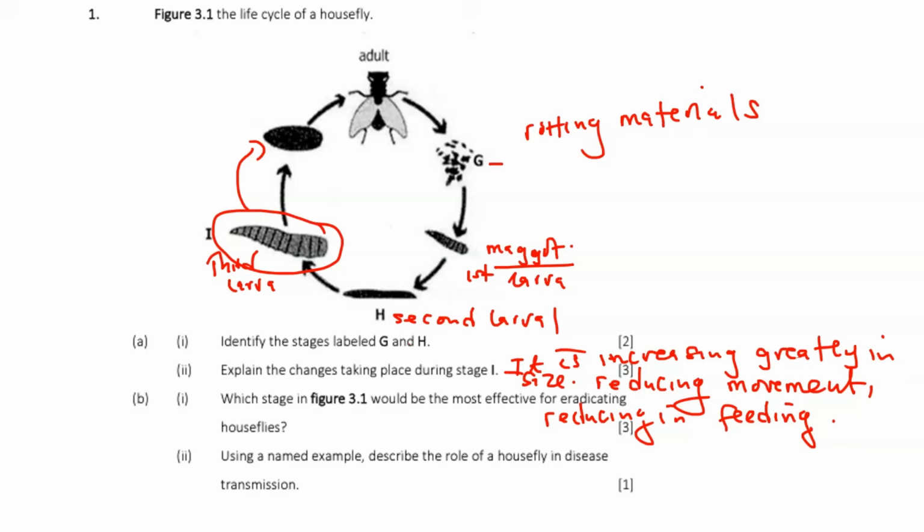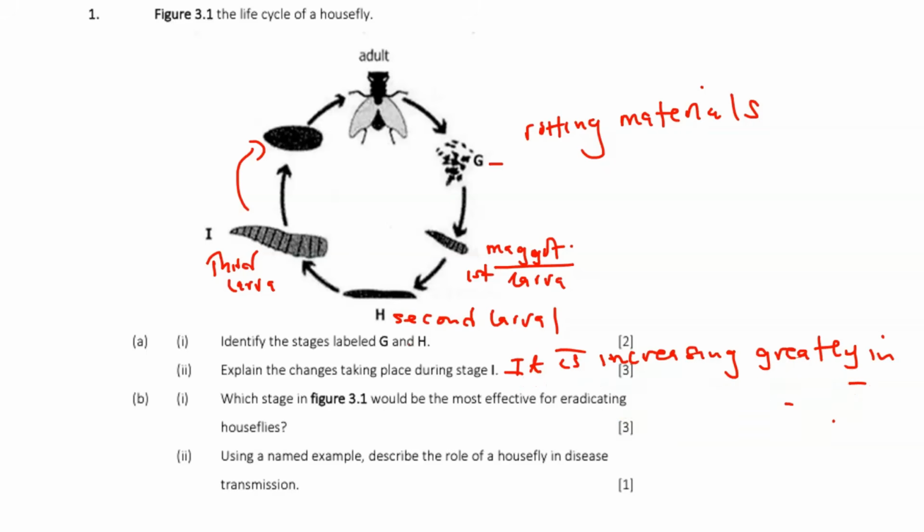So the changes, as you can see, are an increase in size, and if you were to explain what is happening here: the larva is greatly increasing in size, reducing on feeding, that is, sucking nutrients from the rotting material, and also reducing in movement, becoming stationary, as it prepares to become the pupa. Okay, so that is what we can explain here.